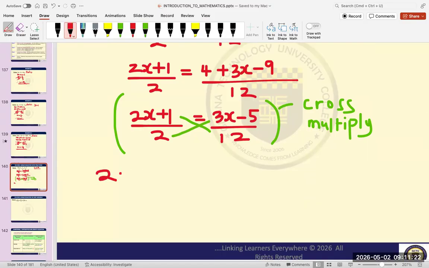2 multiplied by 3x minus 5 is equal to 12 multiplied by 2x plus 1.